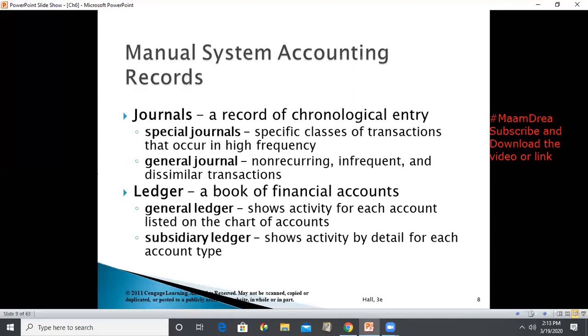Two primary types of journals are the special journals and the general journals. Special journals are mostly for specific, high-frequency or bulk transactions, and such transactions can be grouped together for more efficiency.